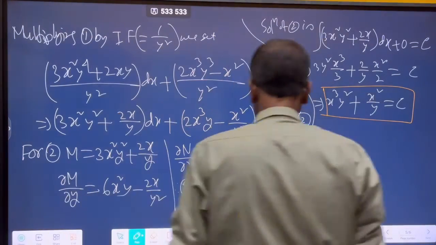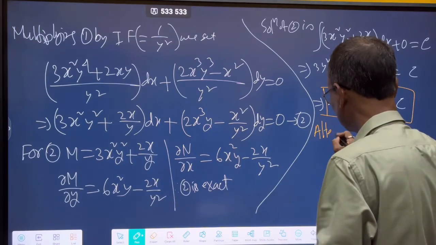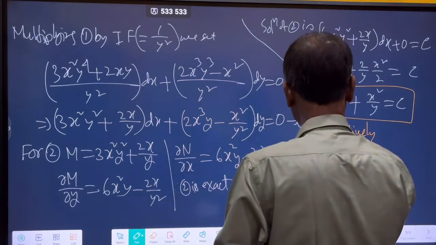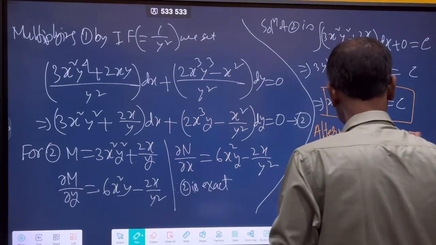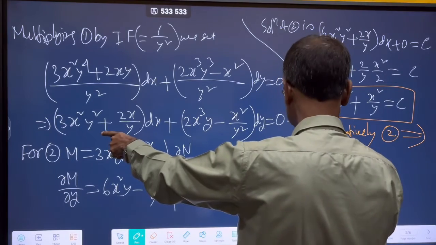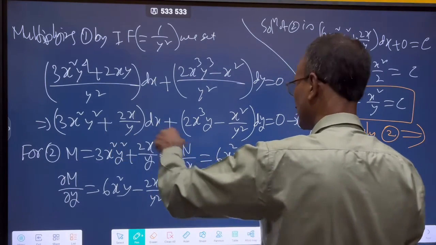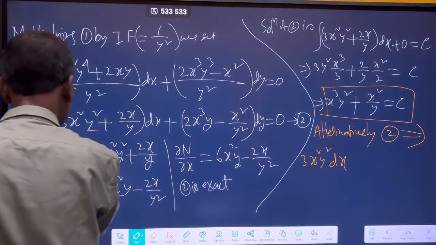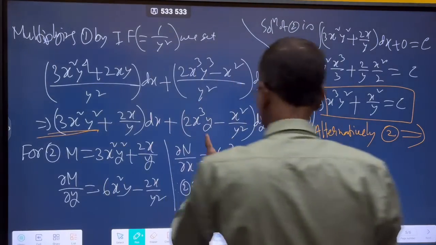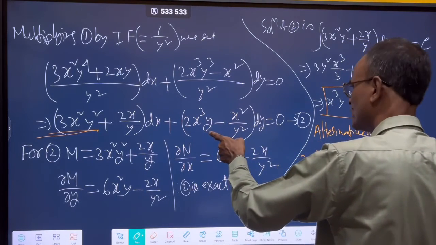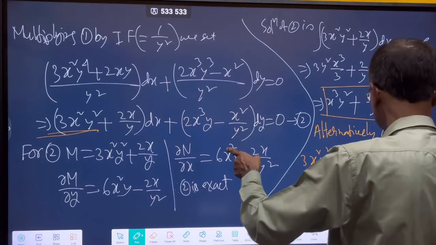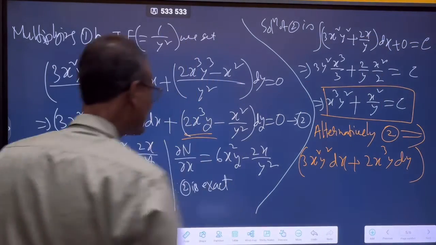Since 2 is exact, alternatively 2 can be written as thrice x square y square dx plus twice x cube y dy, just this one term.